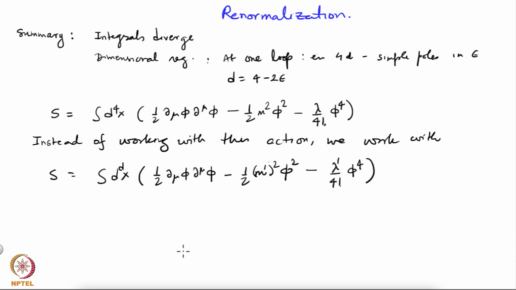So let's do the first simplest exercise of checking the mass dimensions of the fields, these mass parameters, and the coupling constant that appear here. Remember, to do that we should remember that S has the dimensions of h bar, or h, Planck's constant. They have the same dimension.